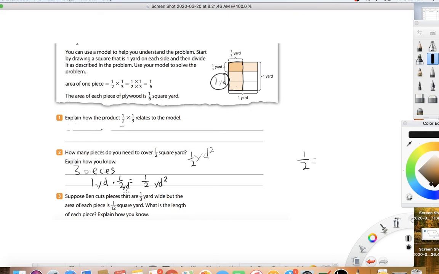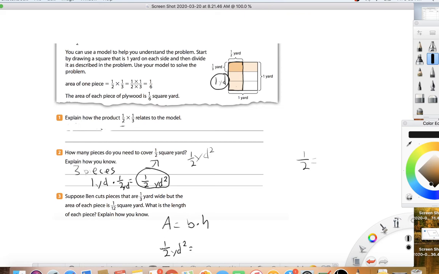For the next one, it says, suppose Ben cuts pieces that are 1/3 yard wide, but the area of each piece is 1/12. So this time the area is not going to be 1/2 yard. It's going to be 1/12. So instead of saying area equals base times height, it's just going to be 1/12 squared yard.